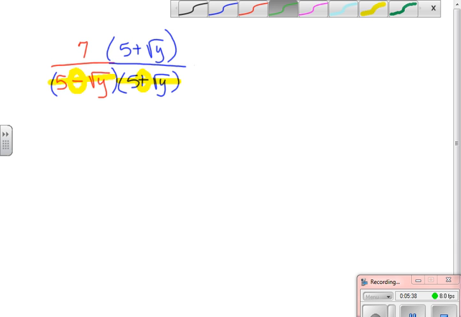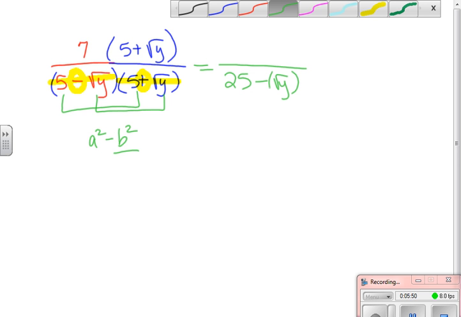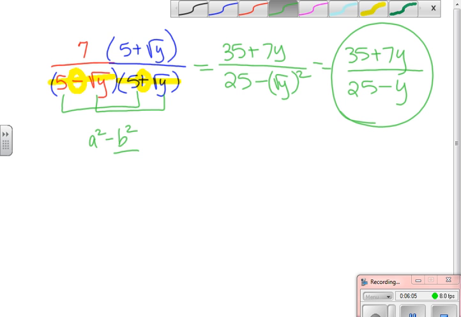That bottom piece, if you remember the a squared minus b squared, 5 times 5 is 25 minus the square root of y squared. This numerator is a simple distributive property this time. So I have 35 plus 7y all over 25 minus y. And that is your final answer.